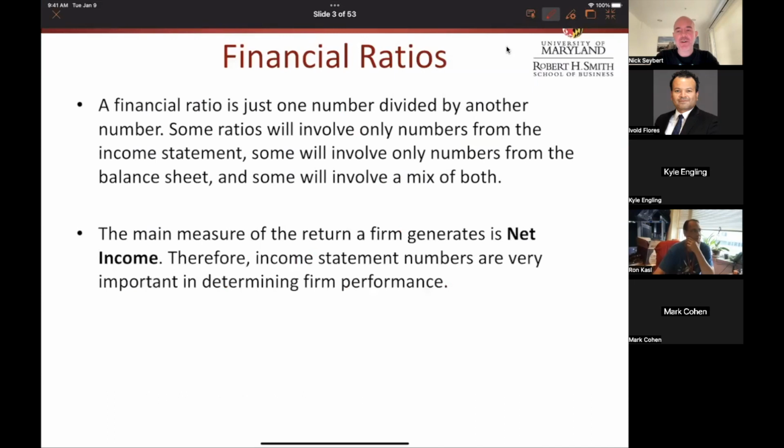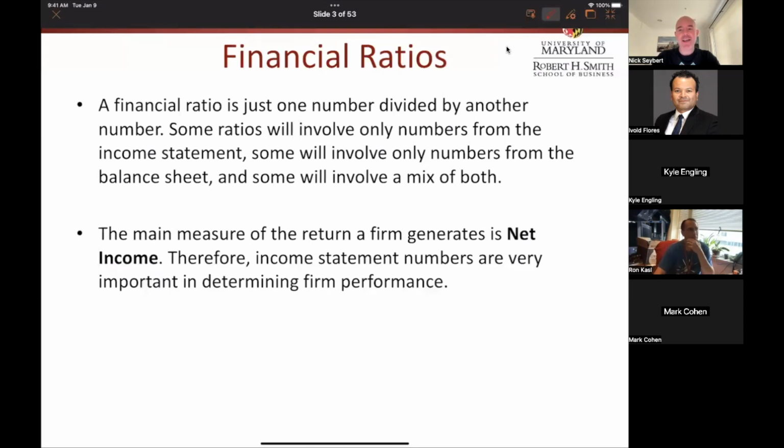The main measure, if you're looking at a company and you want to figure out how well this company is doing in terms of generating a return, you want to look at net income. Net income, the bottom line of the income statement, is the primary metric of the return that a company is able to generate with its assets or with its investment or whatever. And if you were in my last valuation session, you'll recall the residual income model, right?